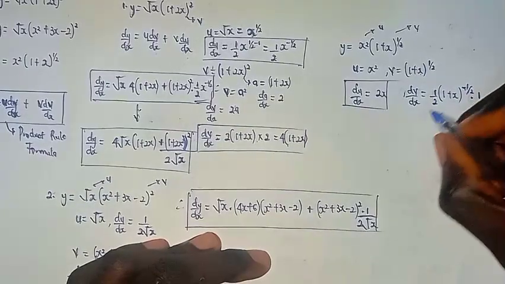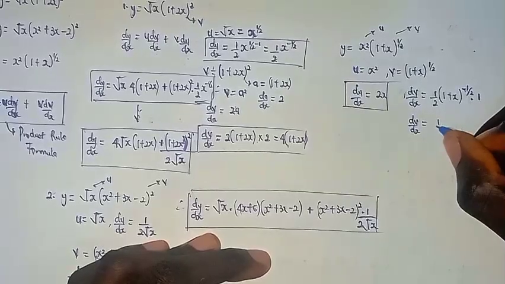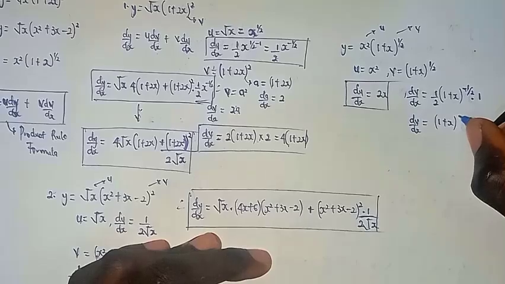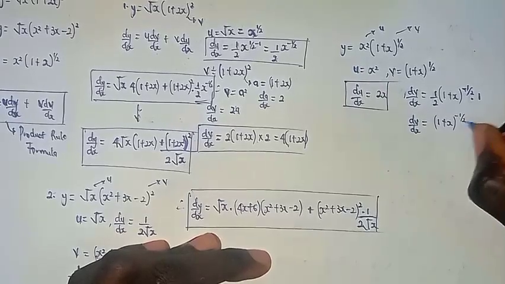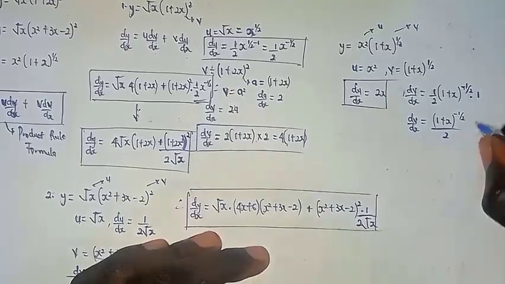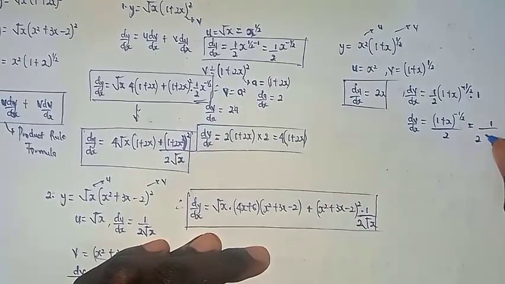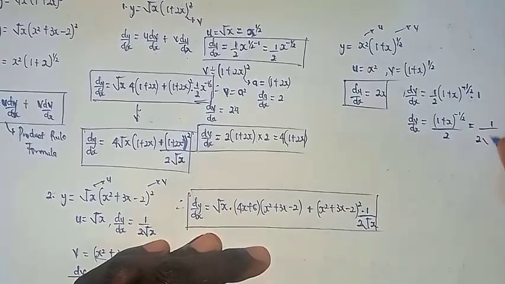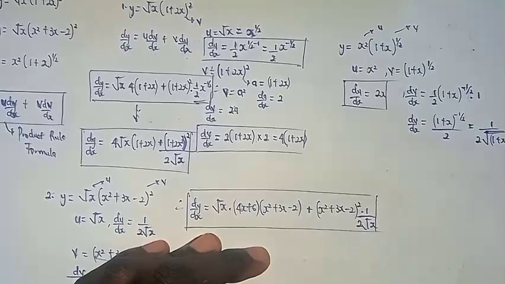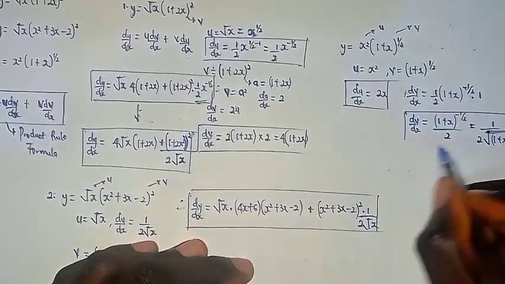So we can write our dv over dx as (1 plus x) raised to the power of minus 1 over 2, over 2. This can also be written as 1 over 2 square root of (1 plus x). So this is our dv over dx.